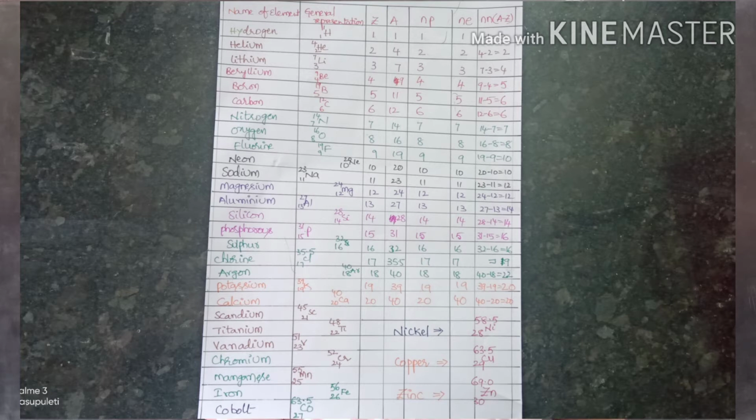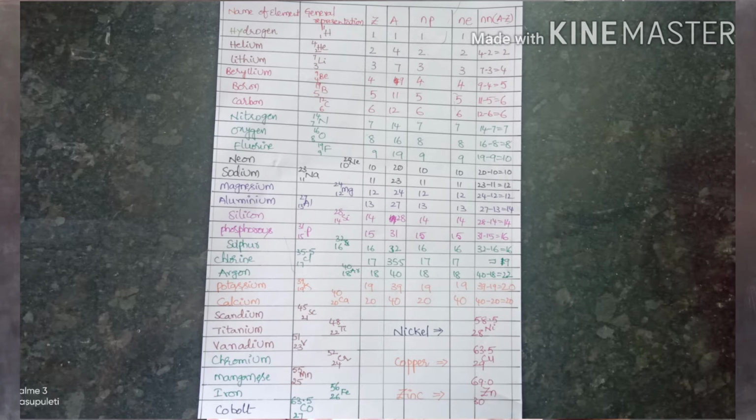Boron representation is B511, its atomic number is 5, mass number is 11. Carbon, its representation is C612, whose atomic number is 6, mass number is 12. Nitrogen 7N14, whose atomic number is 7, mass number is 14.